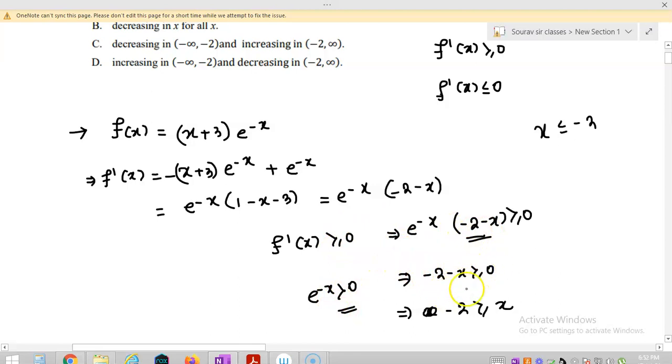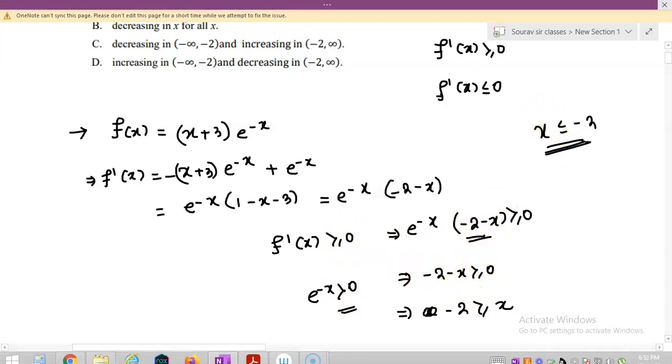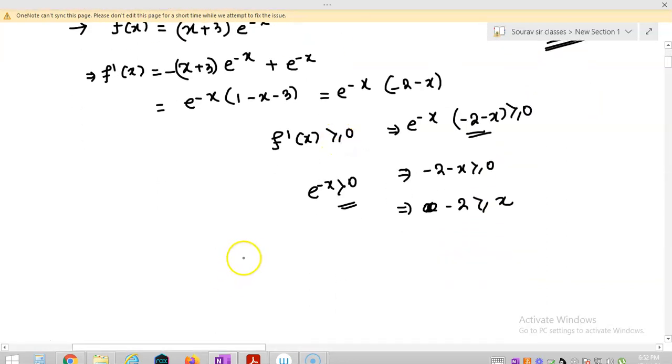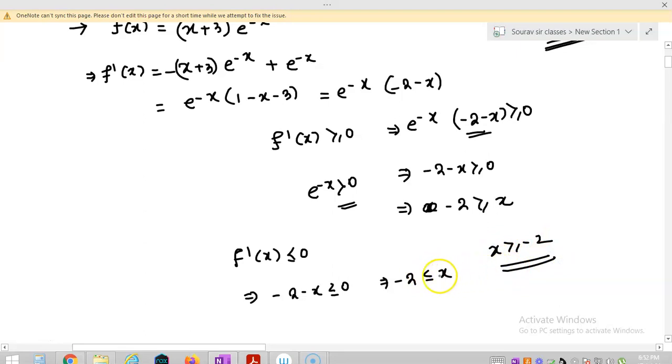Now f'(x) less than or equal to 0 means -2 - x is less than or equal to 0, which implies -2 is less than or equal to x. So when x is greater than or equal to -2, it becomes a decreasing function.